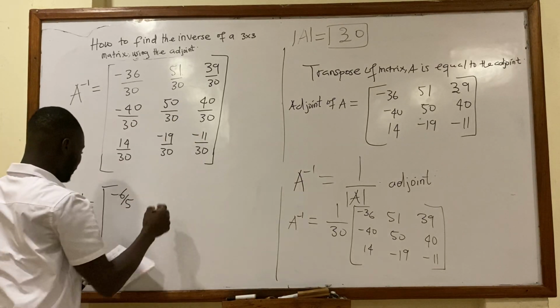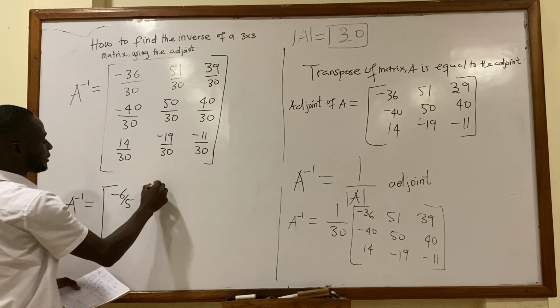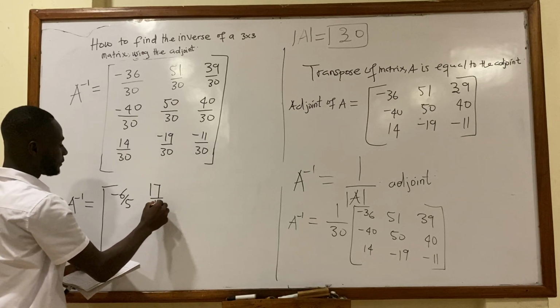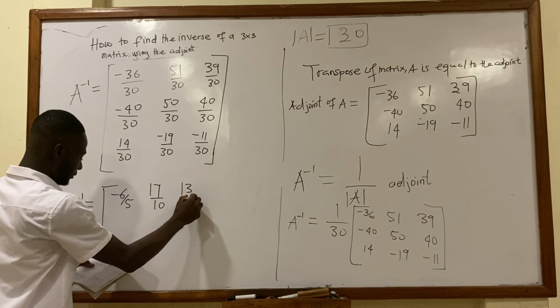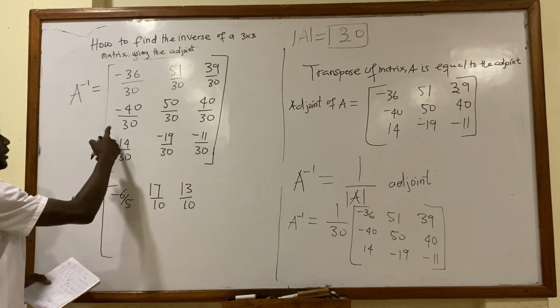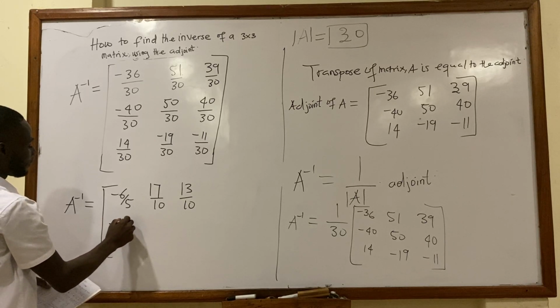This will also give us 17 over 10, and then we have 13 over 10 for this row, and then we come to this row, we have minus 4 over 3.